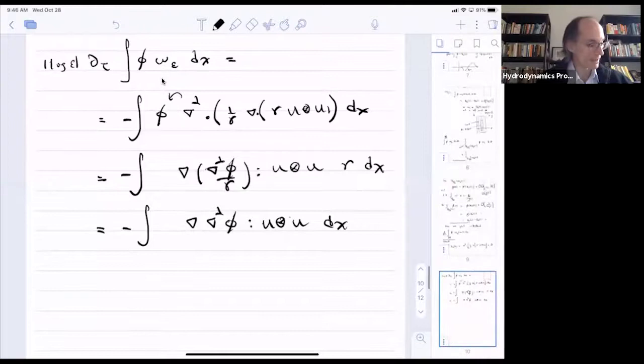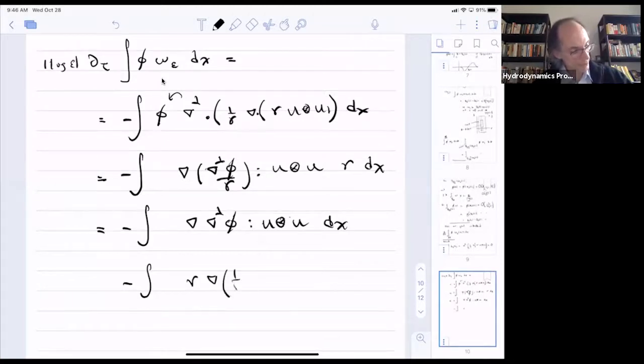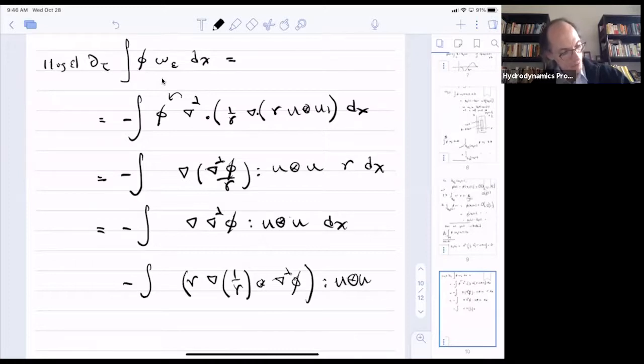And then I'll also have a term where I have r times the gradient of 1 over r. Okay, we have all of this. So here's what we get.